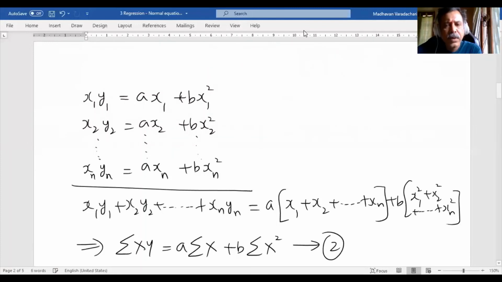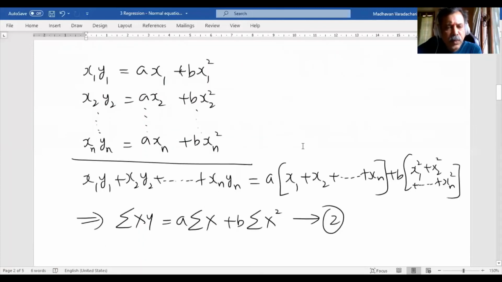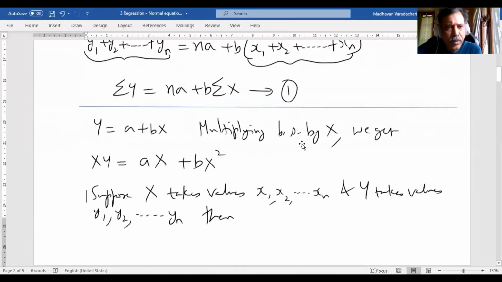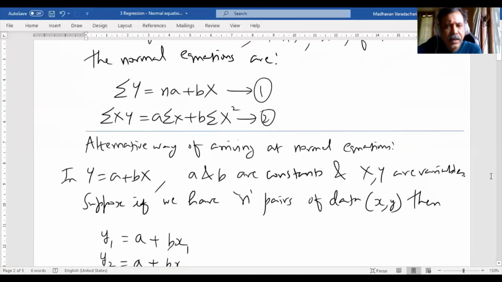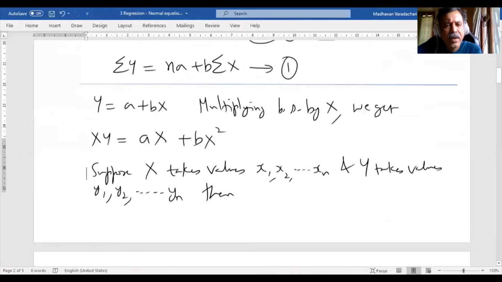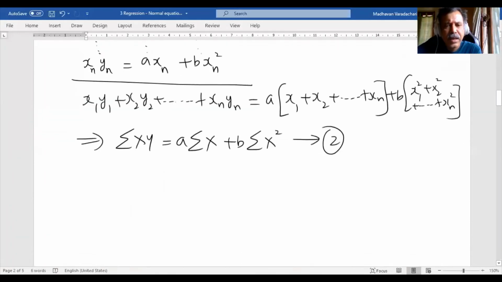If you look, you land up with the same: sum xy equal to a sum x plus b sum x square. It is the second equation. So this is the alternative way of understanding how we arrived at the normal equations.